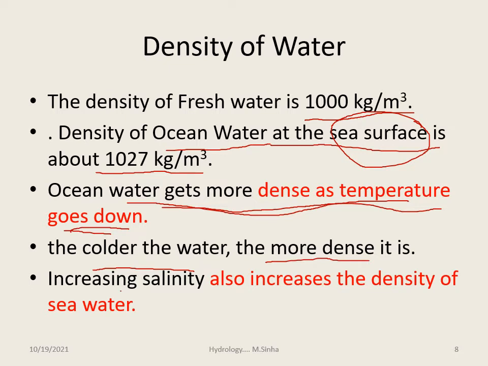Okay, increasing the salinity also increases the density of the seawater. So between salinity and density, there is a relation. Increasing the salinity increases the density. So high salinity is related to high density of ocean water, and density is also related to the temperature of ocean water.